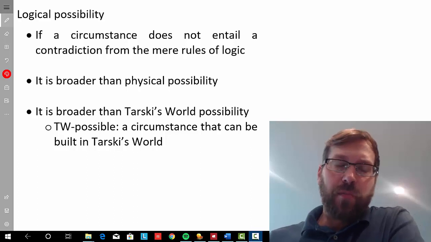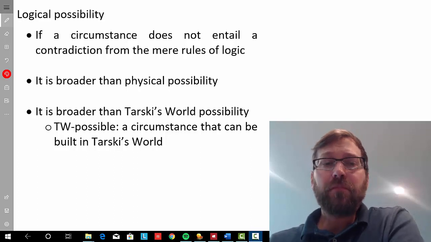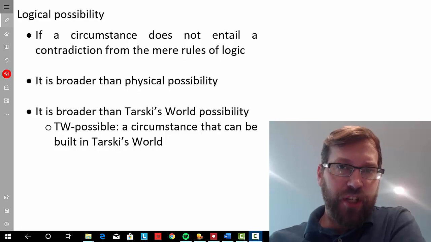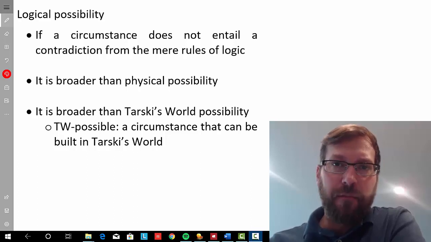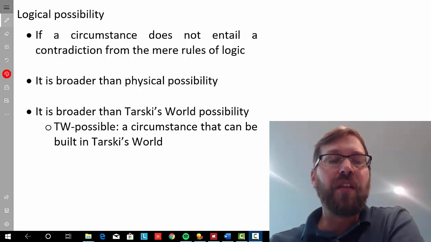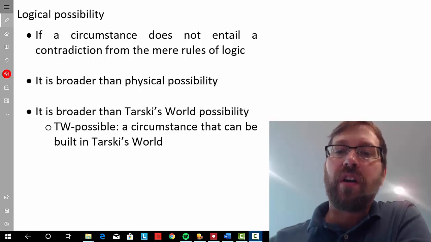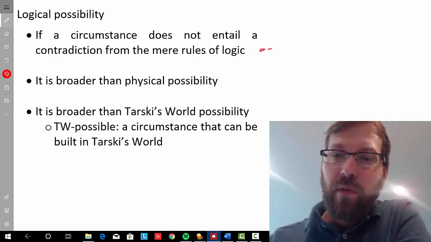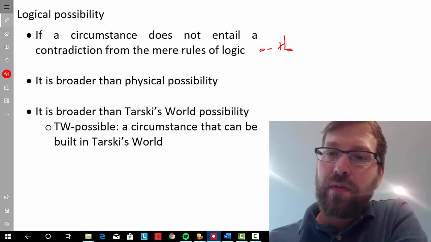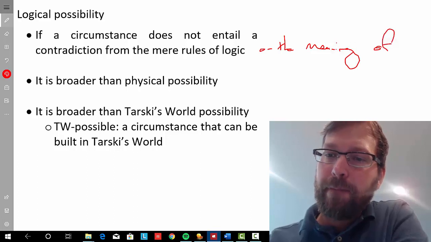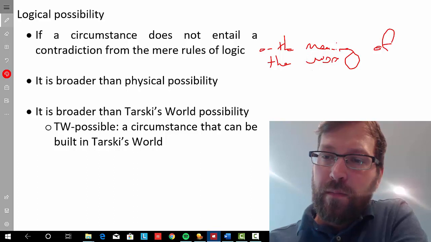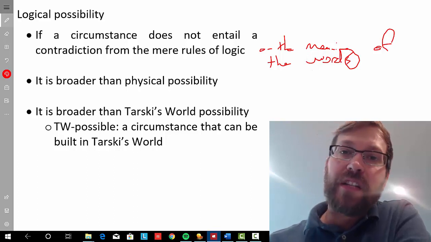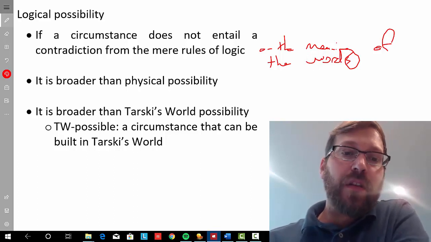All right, so let's talk about logical possibility. If a circumstance, situation, or state of affairs does not entail a contradiction from the mere rules of logic or the meaning of the words, then it's logically possible.